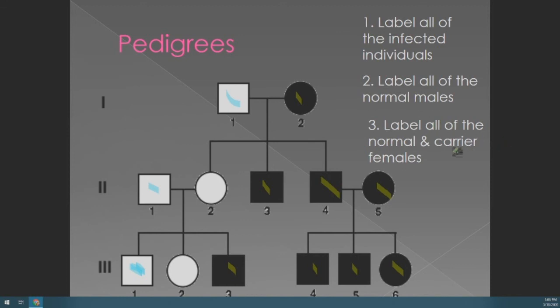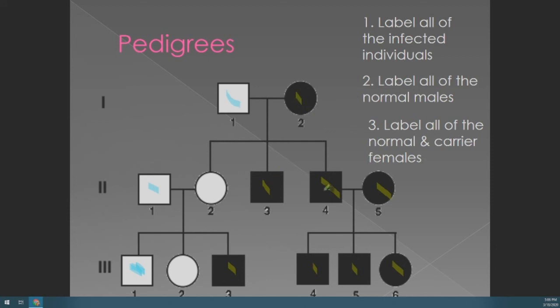Then we are going to label all of the normal and carrier females. So remember, she's showing a trait. If they are dark, they are showing that they are the infected trait. So what we look at is this one shows an infected trait, this one is not infected.